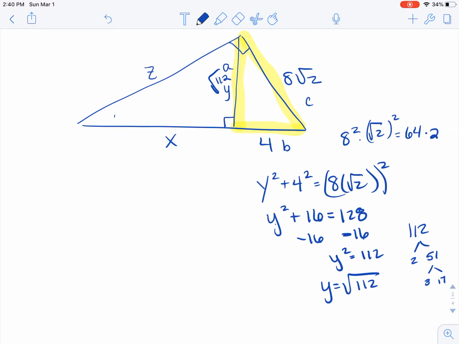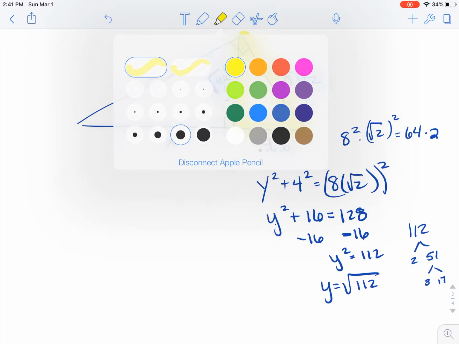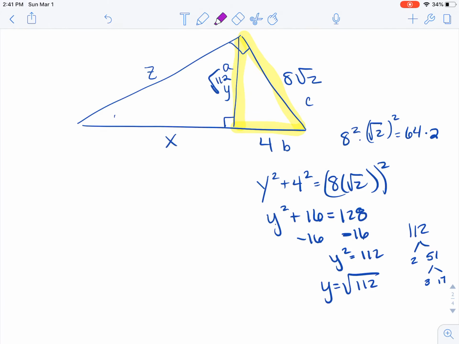Okay, and now we have to remember something that we learned in this unit, the very first lesson we did in this unit, and that was that our altitude of a right triangle, so that's this line here that's going from the right angle perpendicular to the other side, that the length of that is the geometric mean of these two bases that it's cutting the two triangles into.